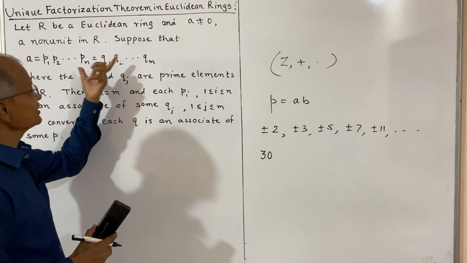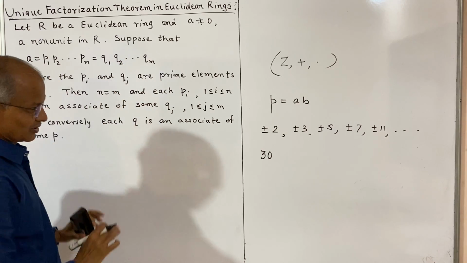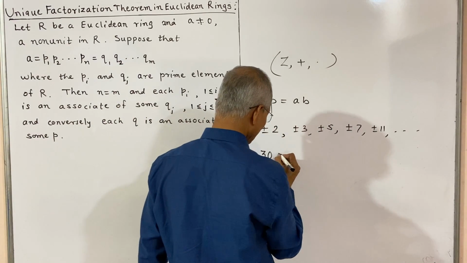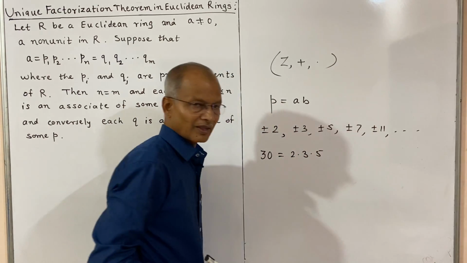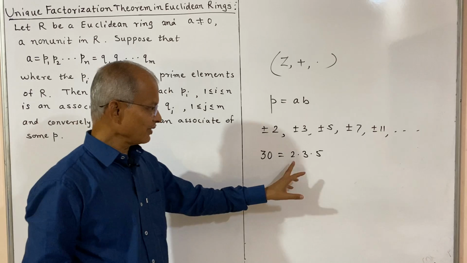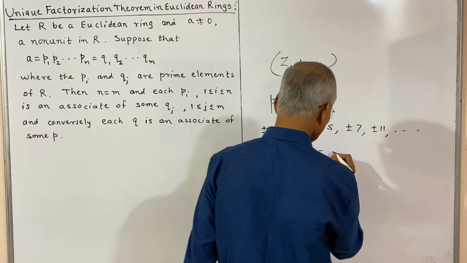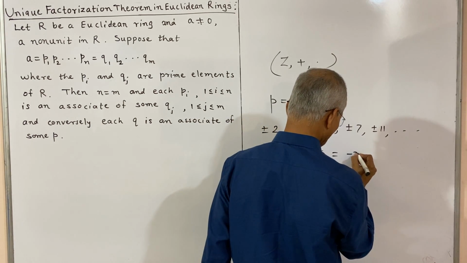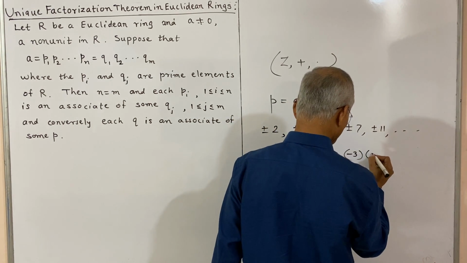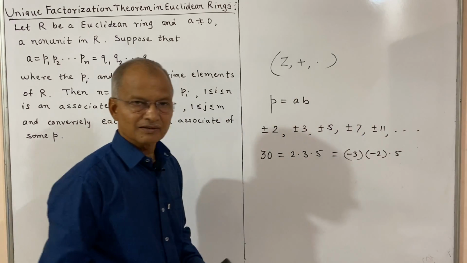And if you write this in two ways, what will be the relation between the two expressions? So 30 we can write, it is simple, as 2 into 3 into 5. This may be P1, P2, P3. And the same we can write like this also: -3, -2 and then 5. So it is the same.